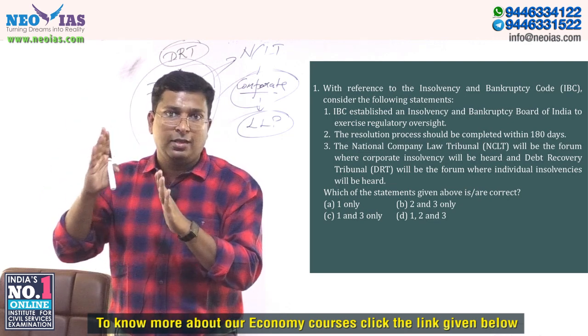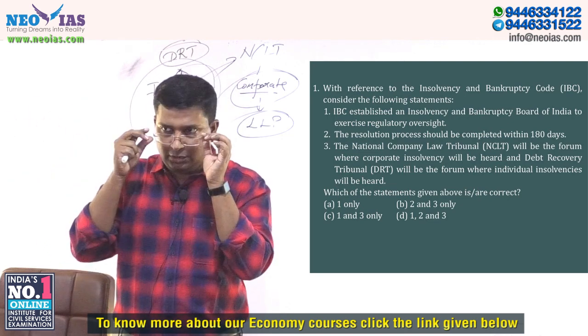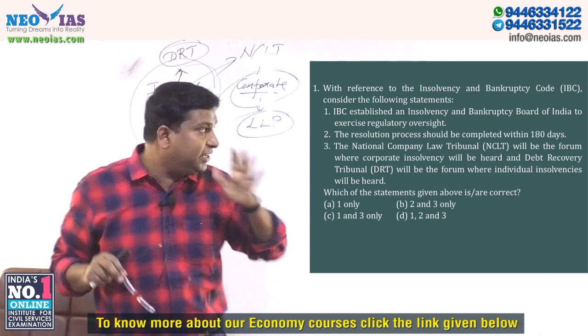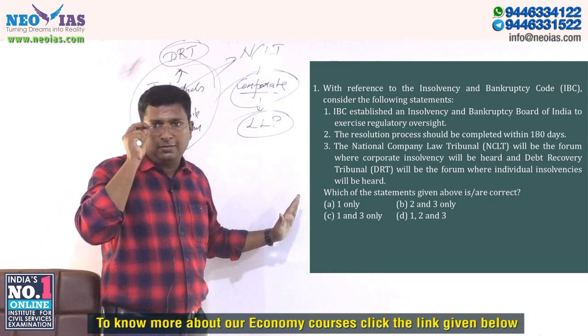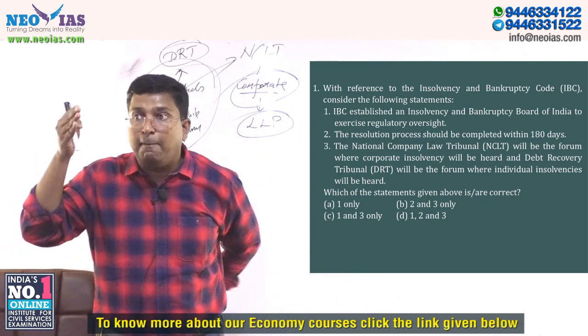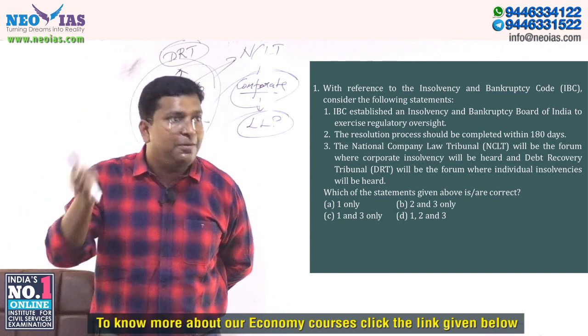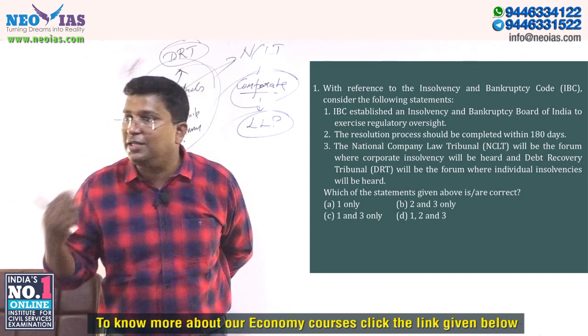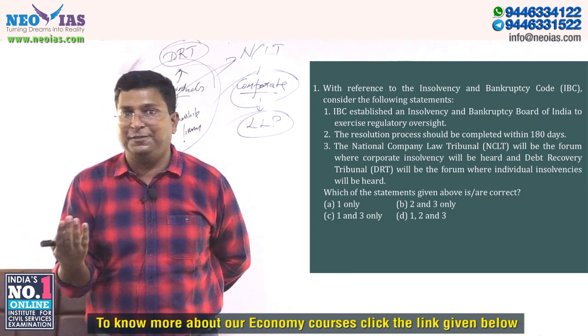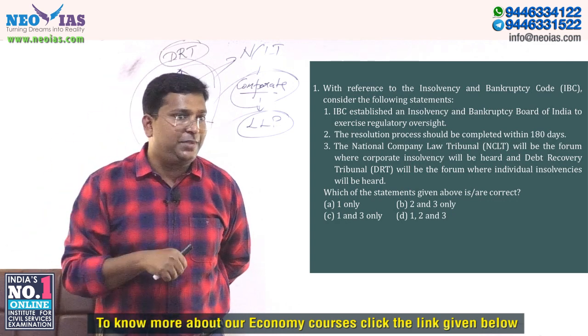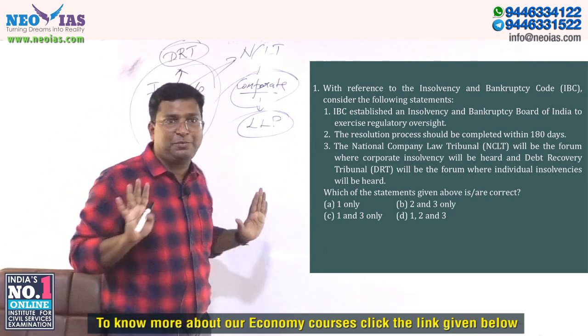And then one more thing is the financial companies. Financial companies are not included here. When I say financial companies: banks, NBFCs, insurance and pension companies. If they default or become bankrupt, it is not dealt with by the bankruptcy code.